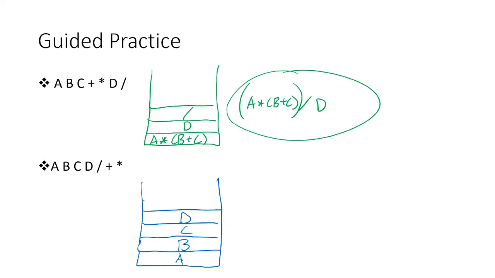And then division. So D, C, let's erase it, and then put that down. It's a plus, so I'm going to write that down. C divided by D, B, B plus C divided by D.